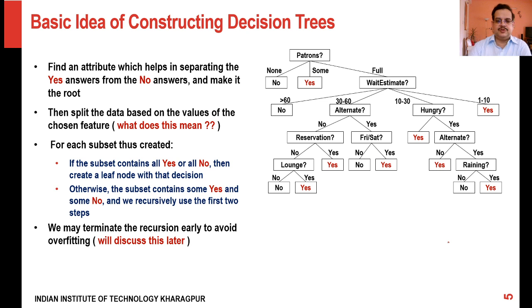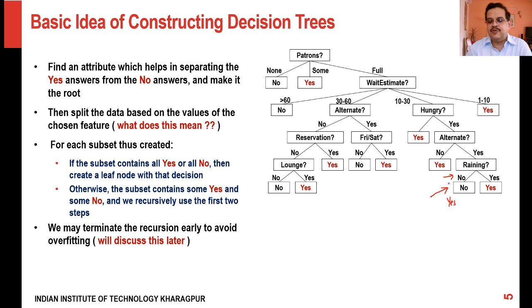We may sometimes terminate the recursion earlier. So we may at some time also take a decision, let's say somewhere here, even though at this point also I had some yes and some no. So it could be the case that the patterns is full, weight estimate is between 10 to 30, I am hungry, there are alternative restaurants, and it is not raining, and in an overwhelming majority of cases I have no, but in some cases I have a yes.